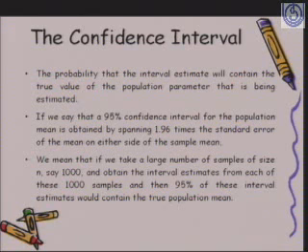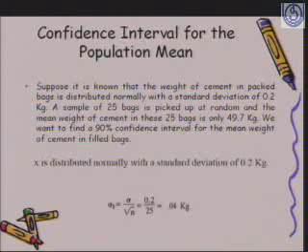The meaning is this: if we take a large number of samples of size n, say 1000, and obtain the interval estimates from each of these 1000 samples, then 95% of the times these interval estimates would contain the true population mean. And this is basically the result that we wanted to take.